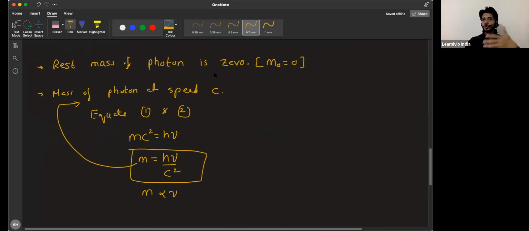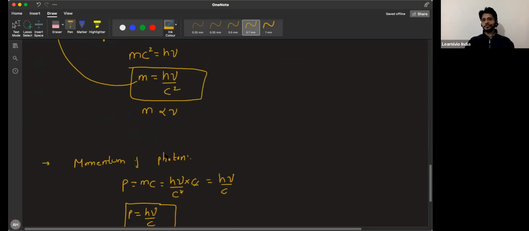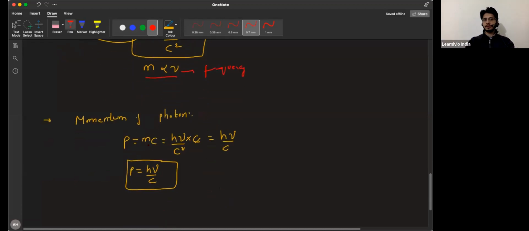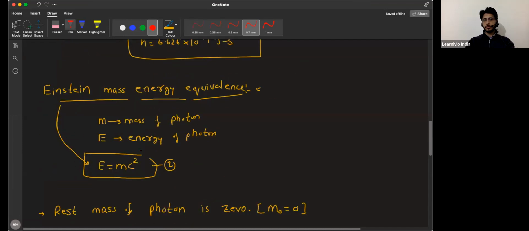But when photons move, they gain some mass, and that mass is h nu by c square. You should remember this relation that mass is directly proportional to frequency. This nu is frequency. If you look at previous year's questions, there are few questions based on this relation that arrange photons in the order of increasing mass. And that's the momentum.